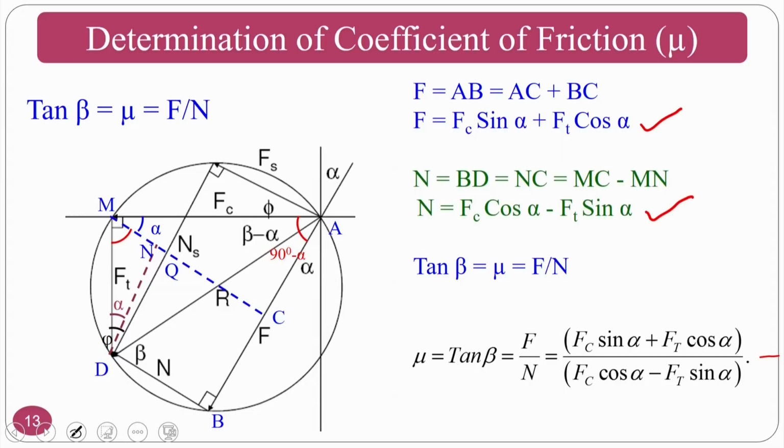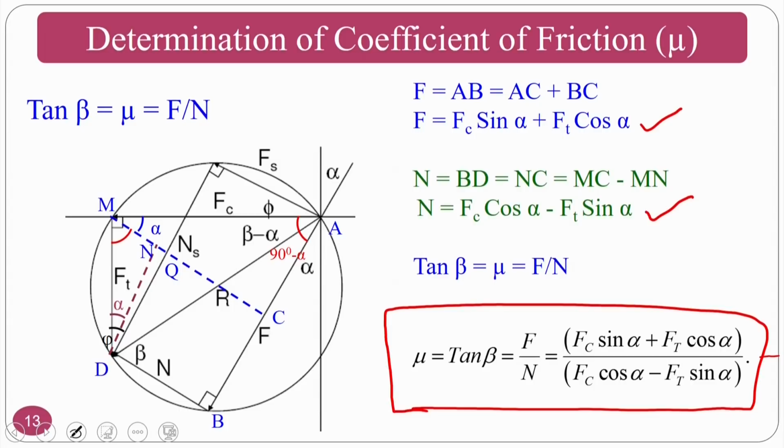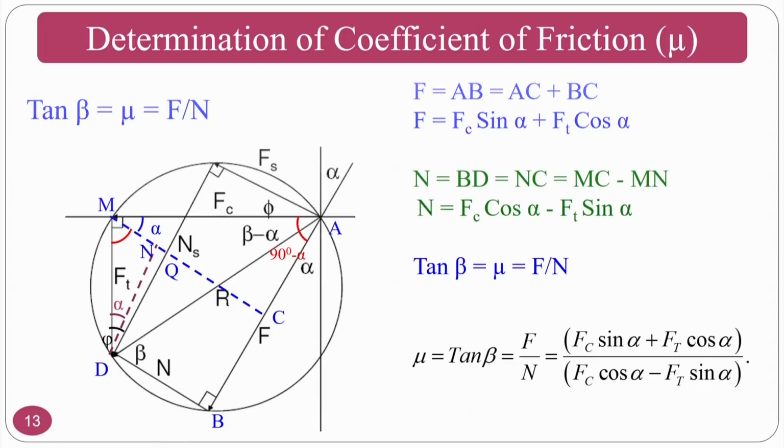If you combine both, you get the final equation, mu equal to the coefficient of friction, that is (Fc sin alpha plus Ft cos alpha) by (Fc cos alpha minus Ft sin alpha).